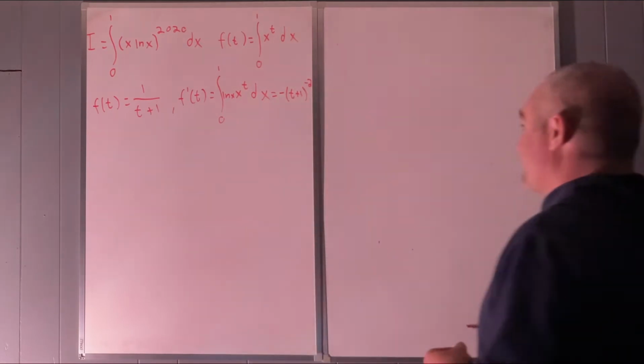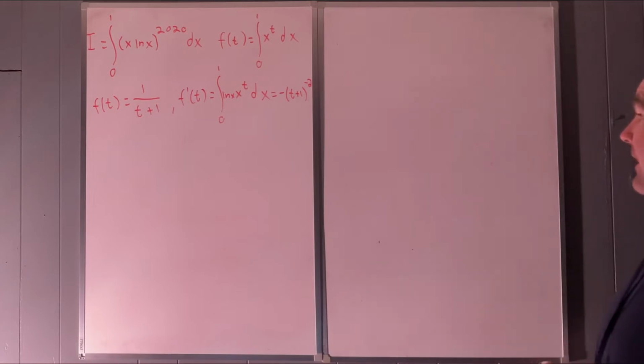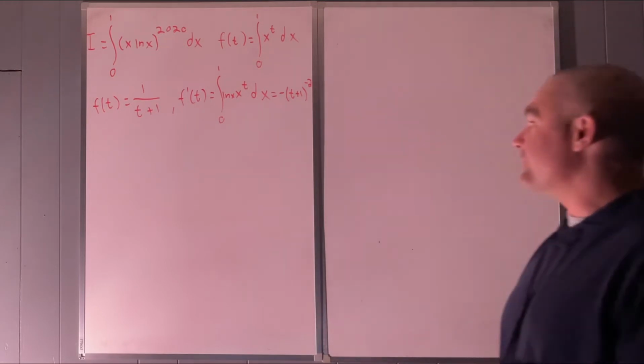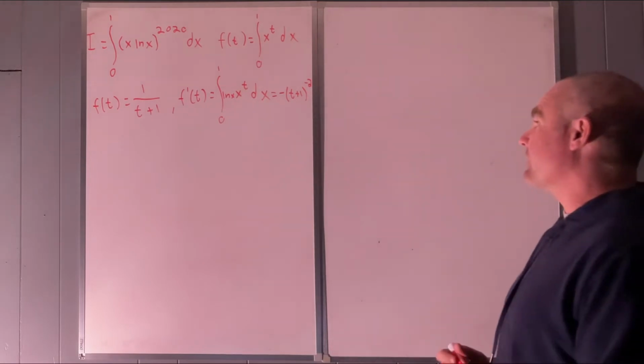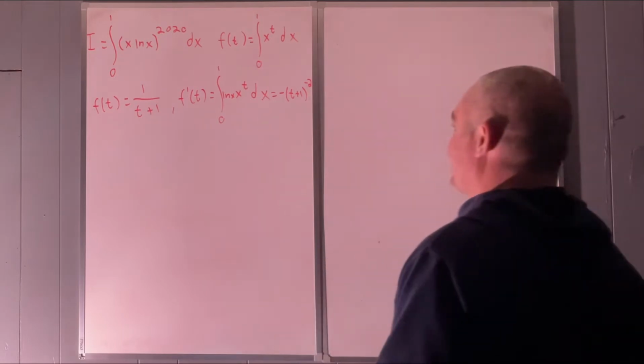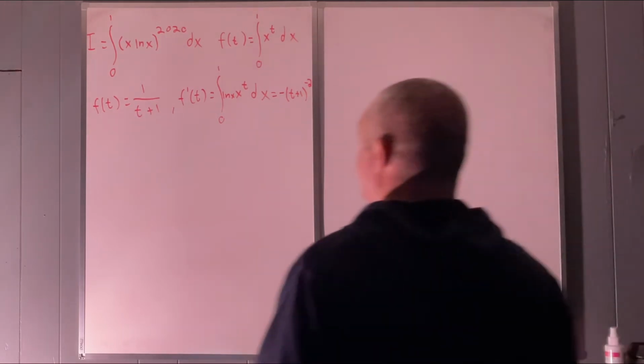This is probably looking familiar to you now. I used this kind of process in developing an integral representation for the factorial function. But anyway, let's take a couple more derivatives and then find the pattern.